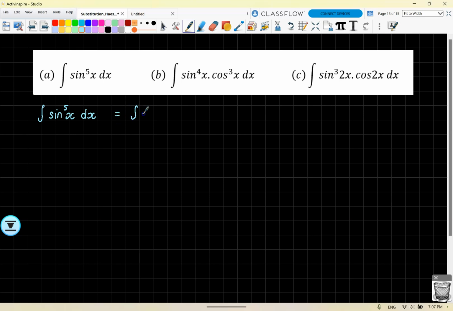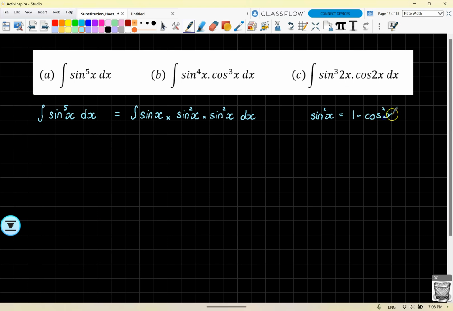Okay, so I hope you realize that sine to the power of 5 is the same as sine x times sine squared x. And we're going to times sine squared x again. And the reason that we want to do this is, I hope you're saying it before I do, that we know that we can rewrite sine squared as 1 minus cos squared x.